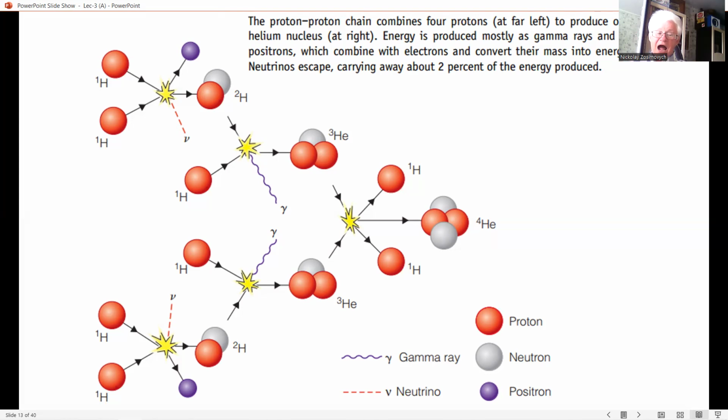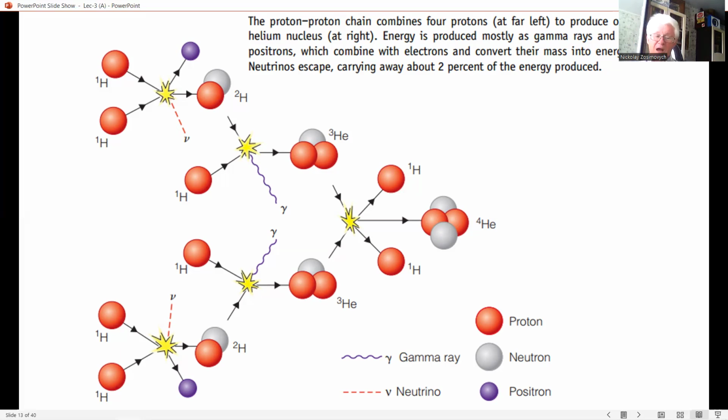The gamma rays are photons that are absorbed by the surrounding gas before they can travel more than a fraction of a millimeter. This heats the gas. The positrons produced in the first reaction combine with free electrons, and both particles vanish, converting their mass into gamma rays, which are absorbed and also help keep the gas hot.